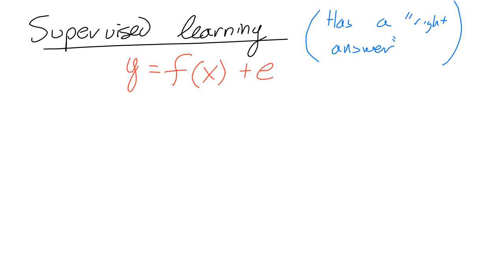So supervised learning is all about trying to predict or infer. Usually it's about predicting the structure or values of y, or it's about trying to infer the structure of the relationship between y and x. Okay?